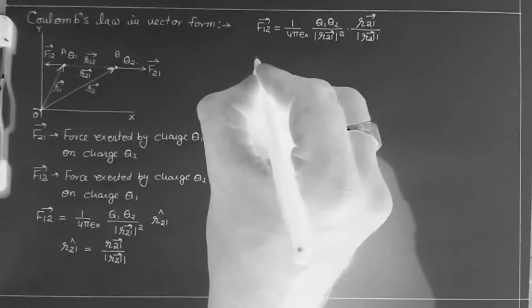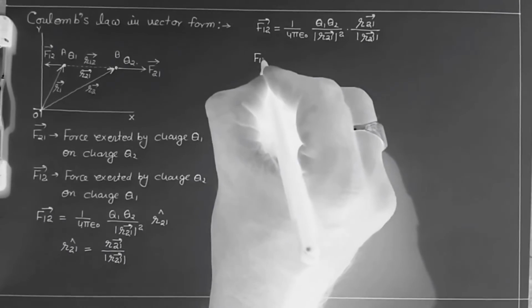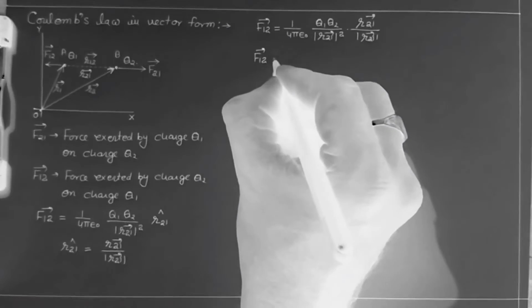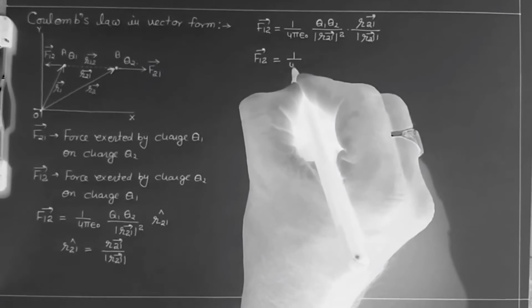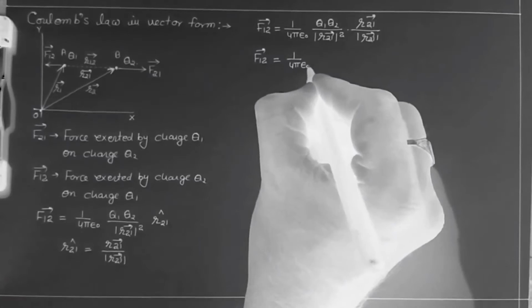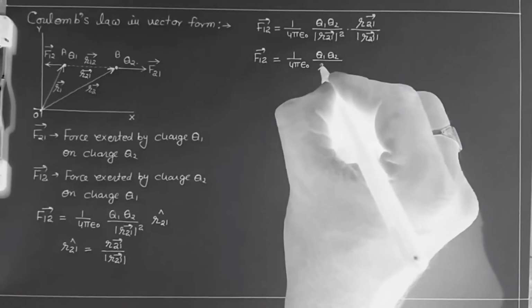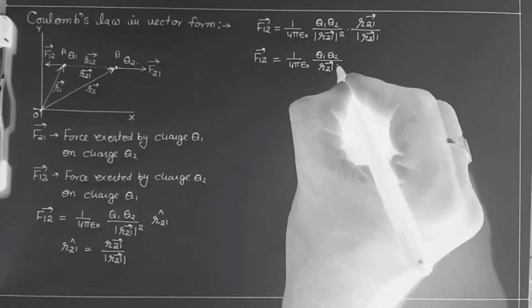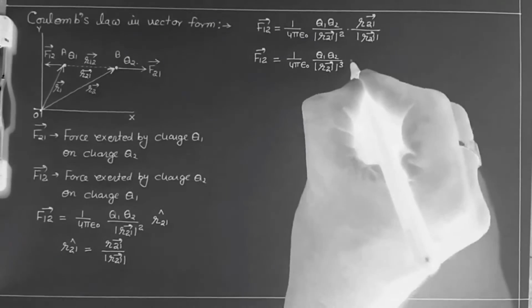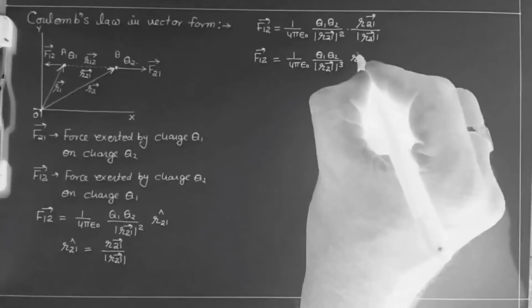So finally you can write this equation as F12 vector is equal to 1 upon 4 pi epsilon naught, Q1 Q2 upon modulus of R21 vector whole cube into R21 vector.